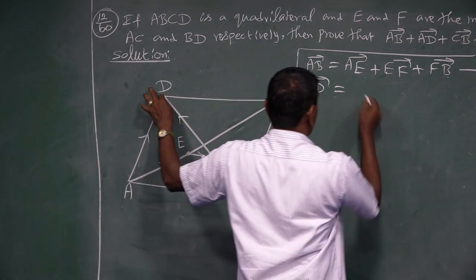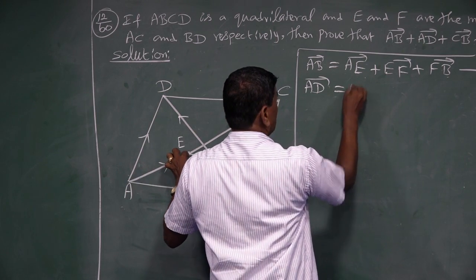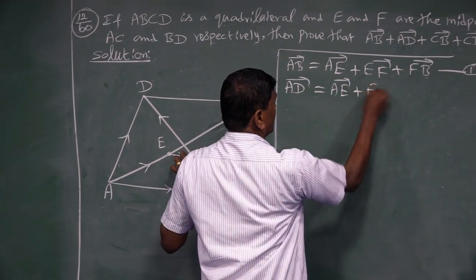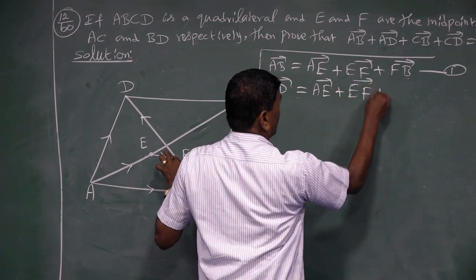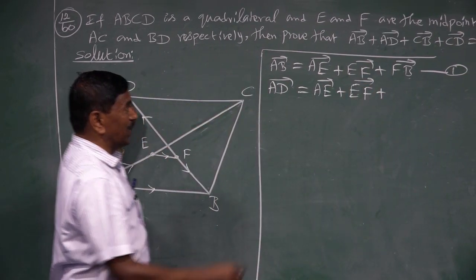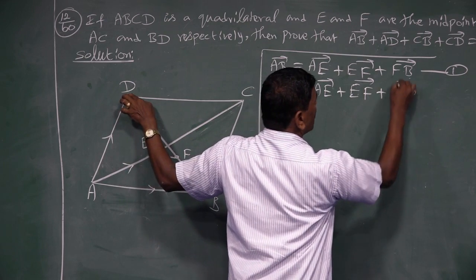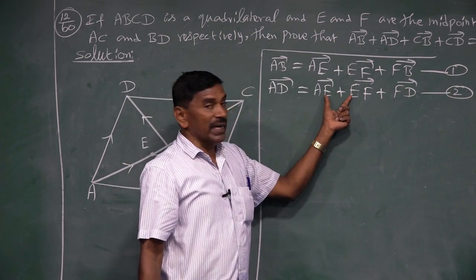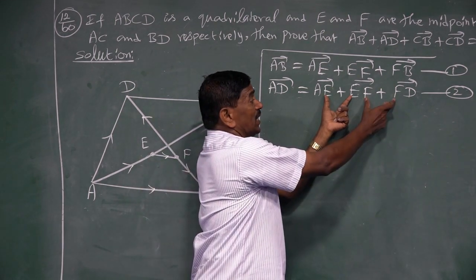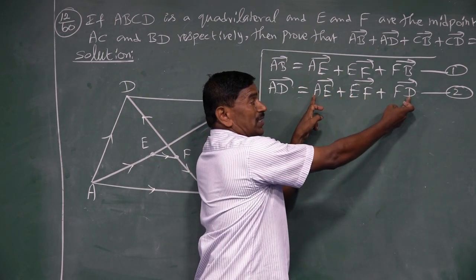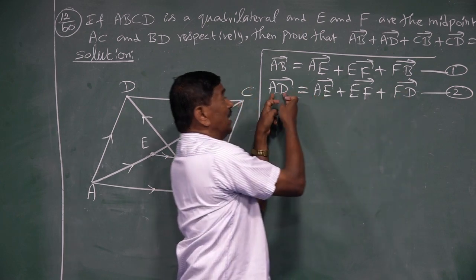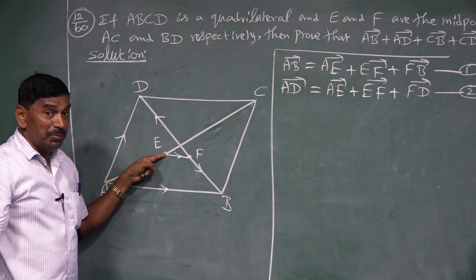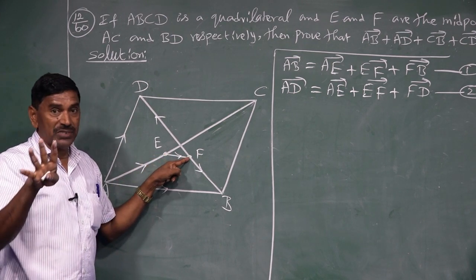So AD vector is equal to AE vector plus EF vector plus FD vector, second equation. And here also the middle E and E cancel, the middle F and F cancel; first and the last give AD vector. Yes, AD vector is correct, your answer. And here remember, every time we want to move E to F, that is very important.